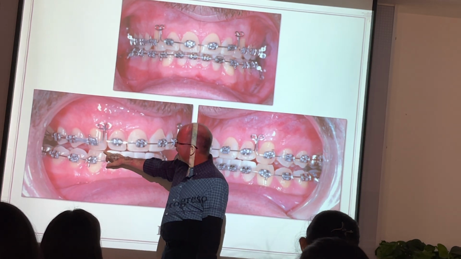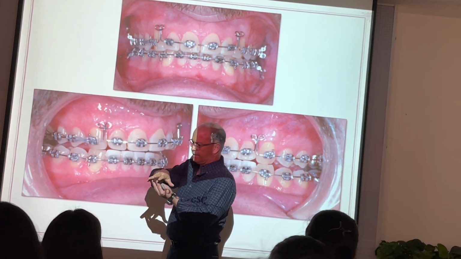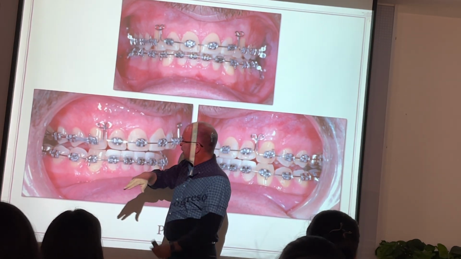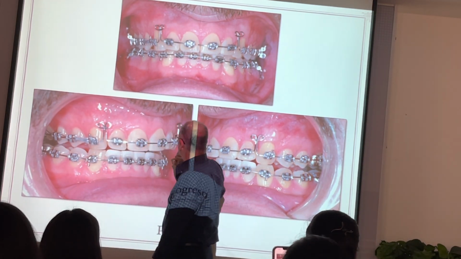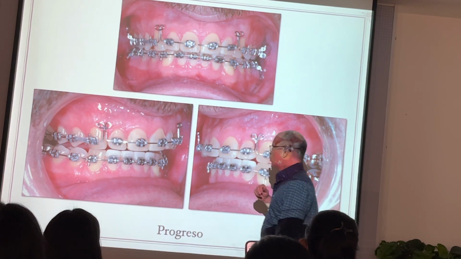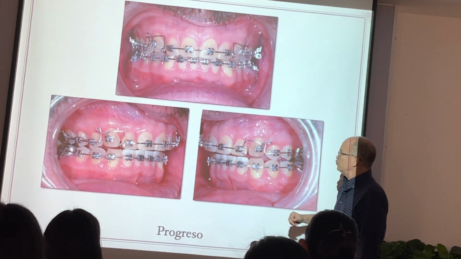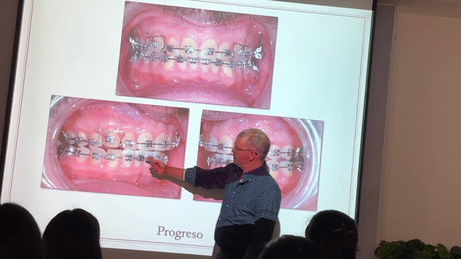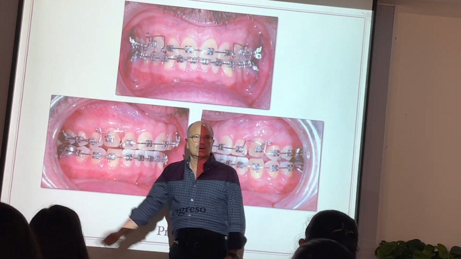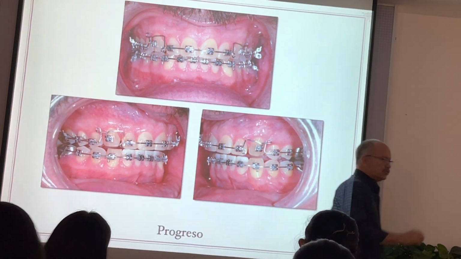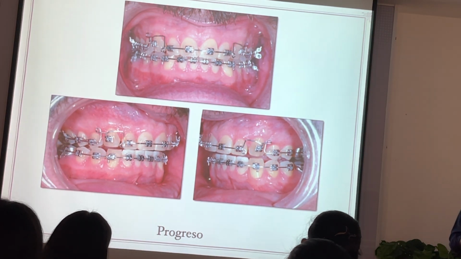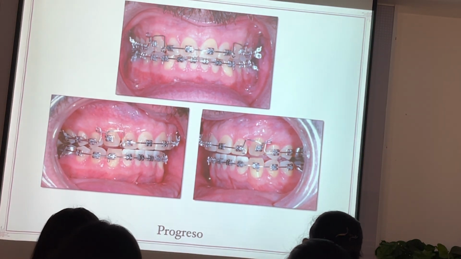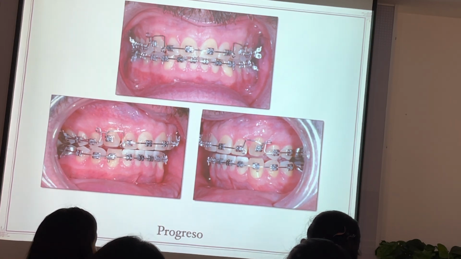At this moment, I check canine guidance, and I saw that still some kind of little contacts. So what I decided to do is to intrude the canines. After I intrude the canines, they intrude in about 1.5 months.